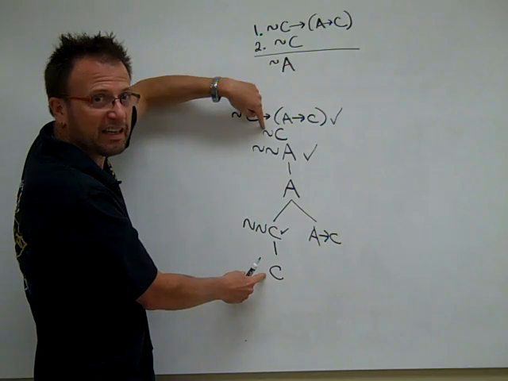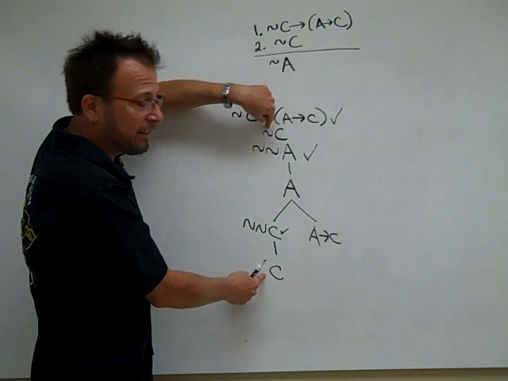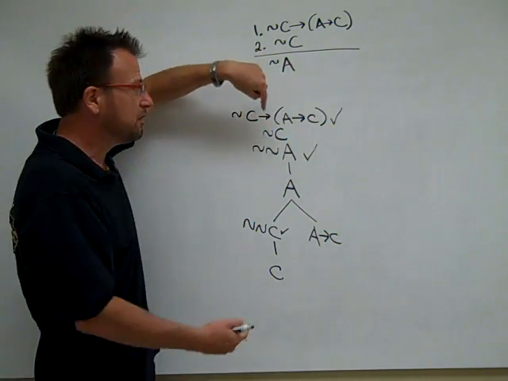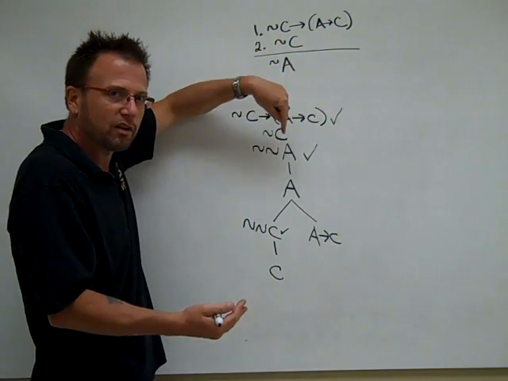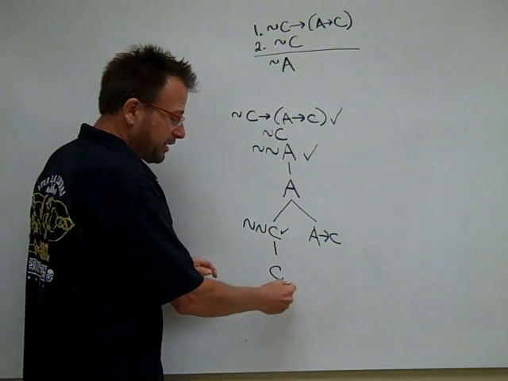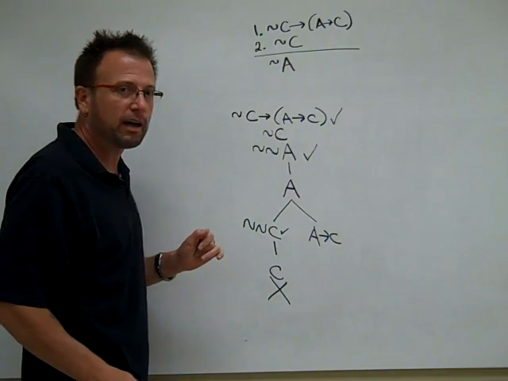So I have both C and not C asserted at the same time. That would be like the statements Johnny is wearing a black shirt and Johnny is not wearing a black shirt being true at the same time, but they're contradictory statements. As such, this branch closes. I do nothing further with that branch.